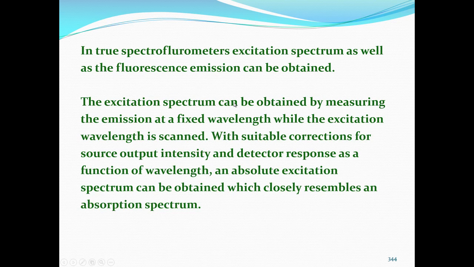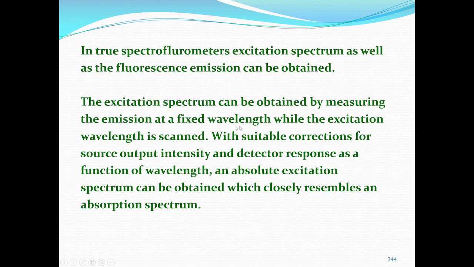The excitation spectrum can be obtained by measuring the emission at some fixed wavelength. It can be arbitrary, but whenever you get maximum emission, the corresponding excitation gets automatically fixed.